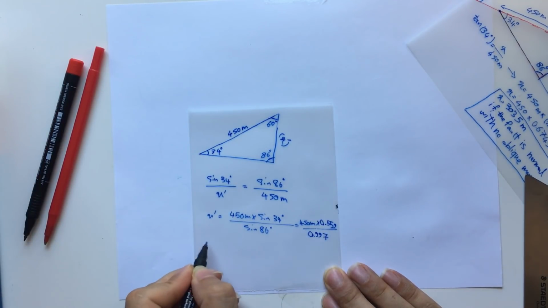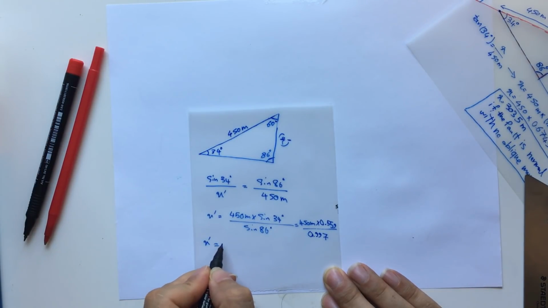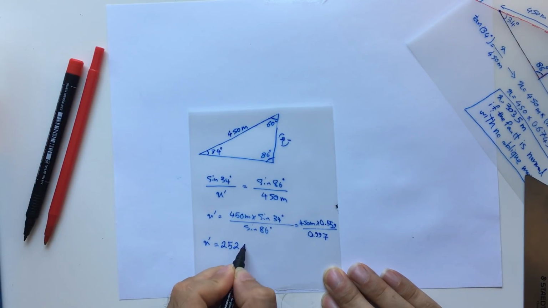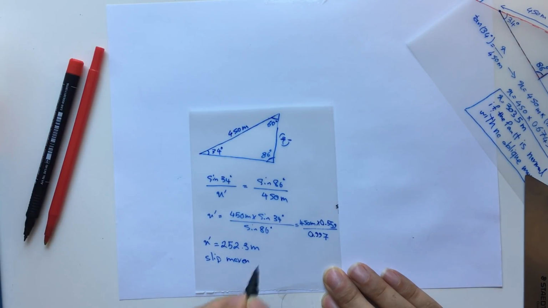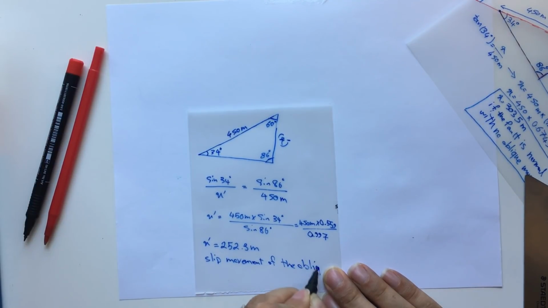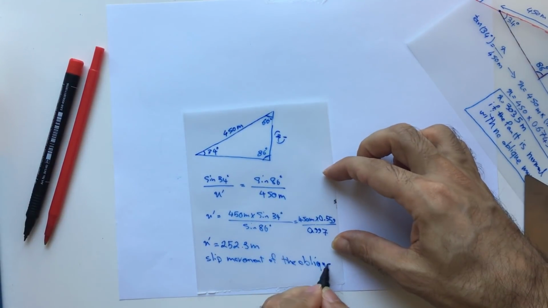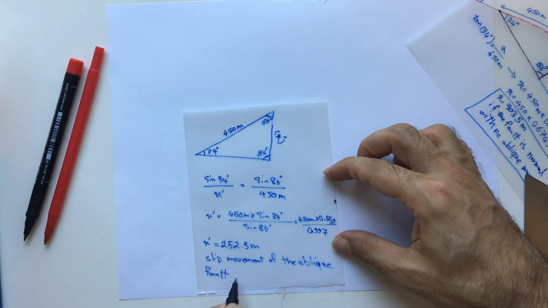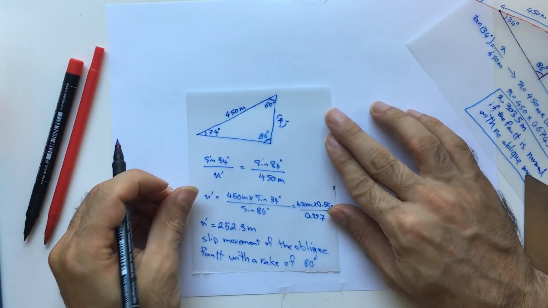If you do this multiplication, x prime is equal to 252.3 meters. This is the slip movement of the oblique fault with a rake of 60 degrees. And you are done.